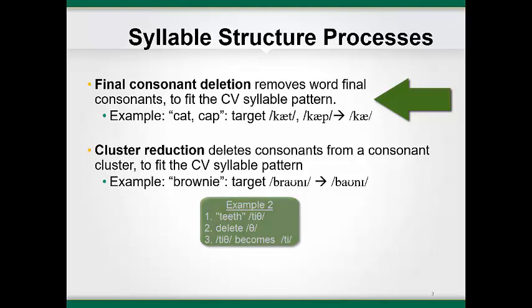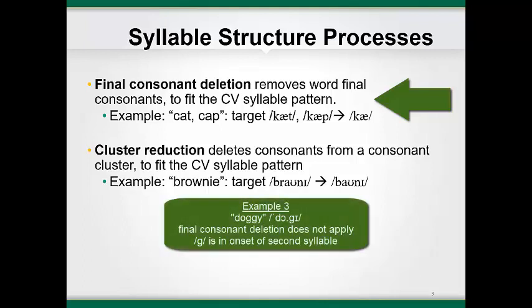Do be careful as you do the exercises in the book with multisyllabic words. You have to think a bit about whether the consonant or consonants following a vowel belong to the coda of the previous syllable or the onset of the next syllable.